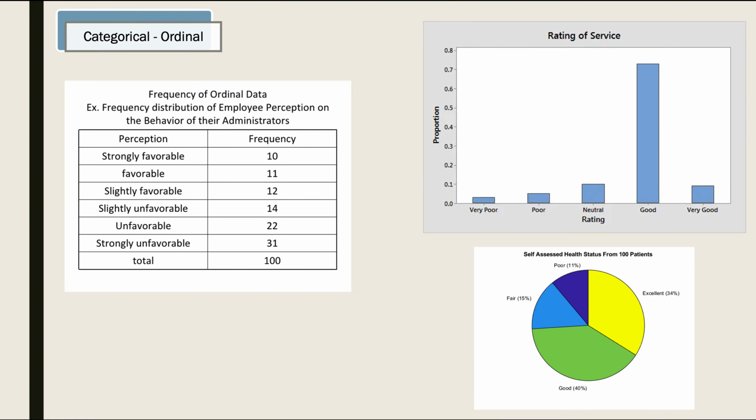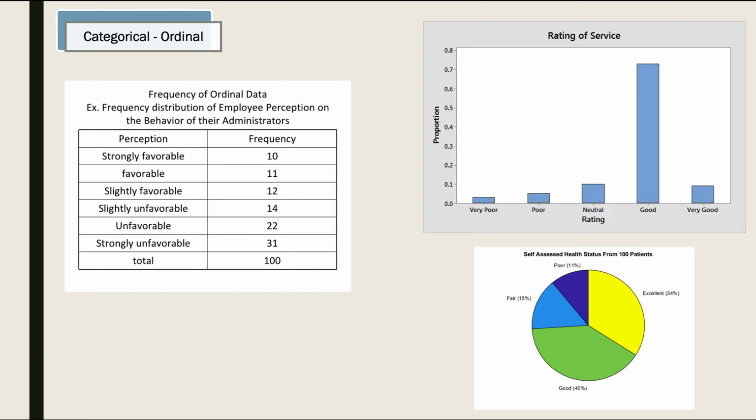Okay, let's talk about categorical ordinal data. So this is data that has categories but has an implicit order. So for example, let's look at the first frequency table. It says frequency of ordinal data, example, frequency distribution of employees' perception of the behavior of their administrators. So certain employees were given a survey about the behavior of the administrator.